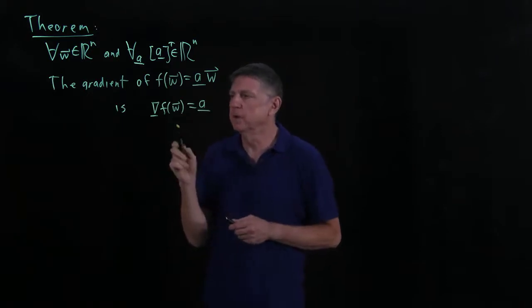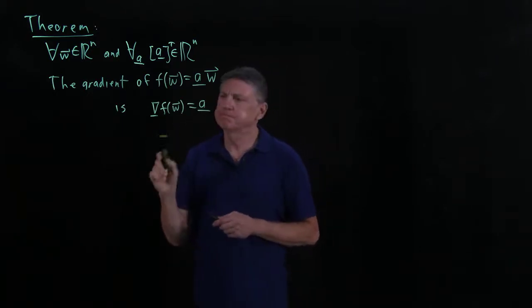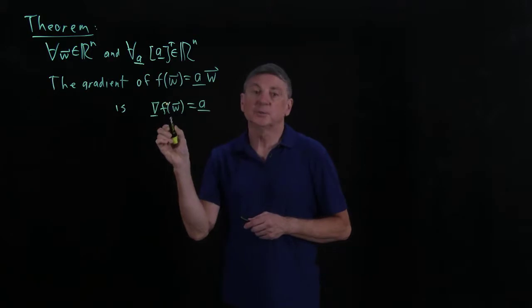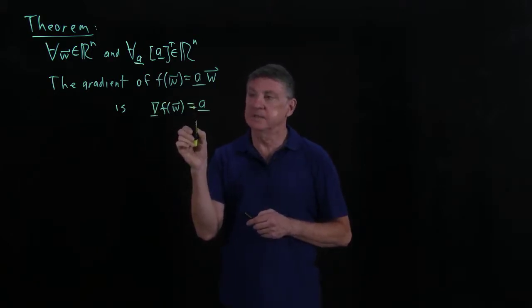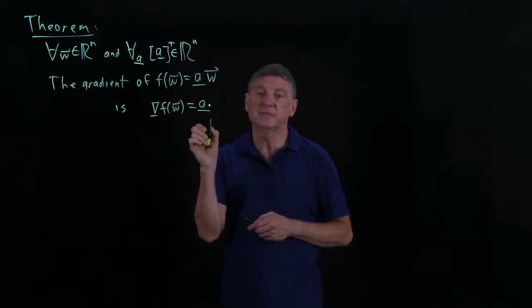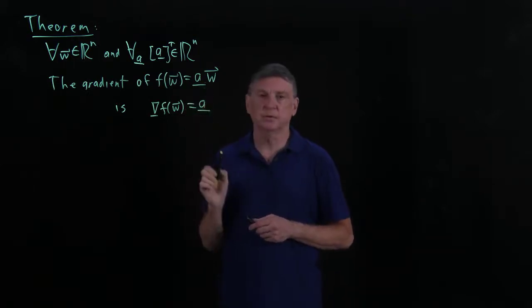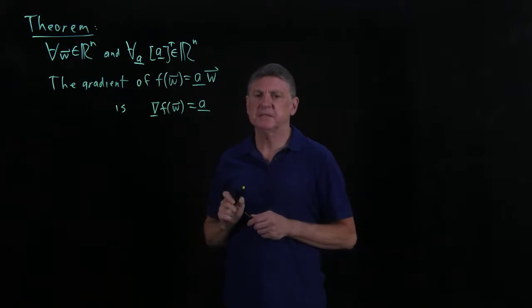Before we do a proof, let's just check our units. The gradient is supposed to be a one form, and what we're saying in this theorem is that it's specifically the one form that's here. Good, the units make sense.